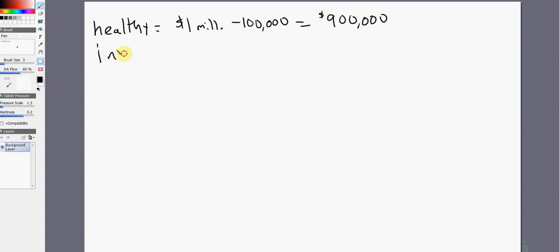If the golfer gets injured, he won't make any money playing golf, so that's 0. He still has to pay the premium, but the good news is he gets back the size of his loss, which is $1 million. I'll just write 1 mil.